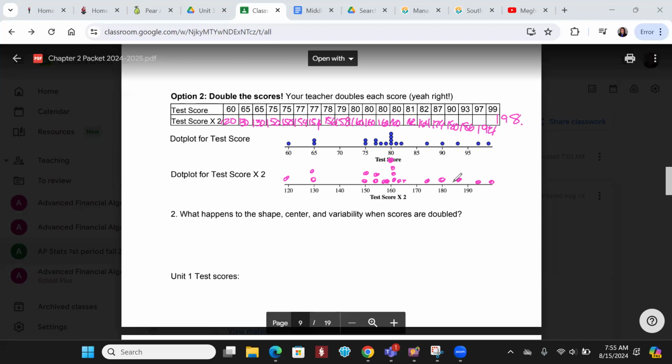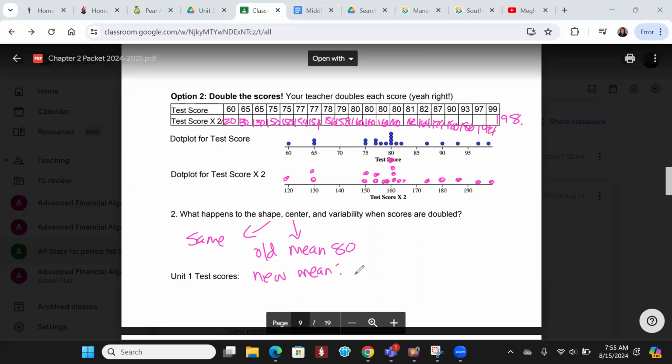What happens to the shape? Okay, so the shape is the same. What about the center? What about the mean? What's going to happen? The mean is going to double. So the old mean was 80. The new mean is going to be what then?